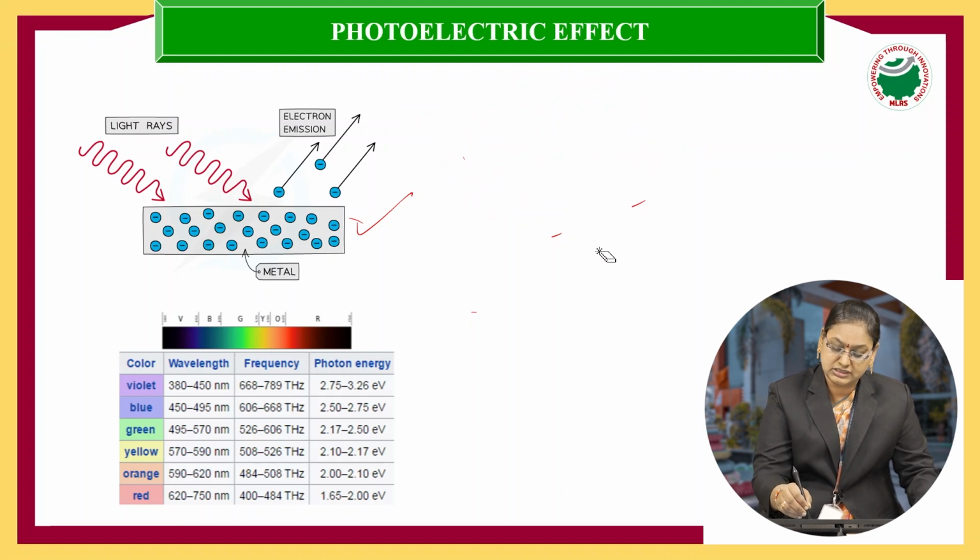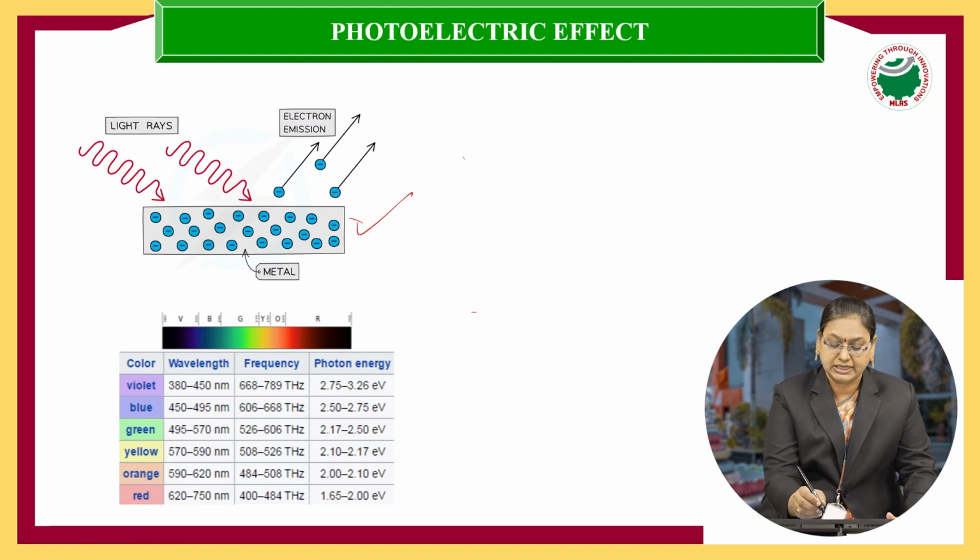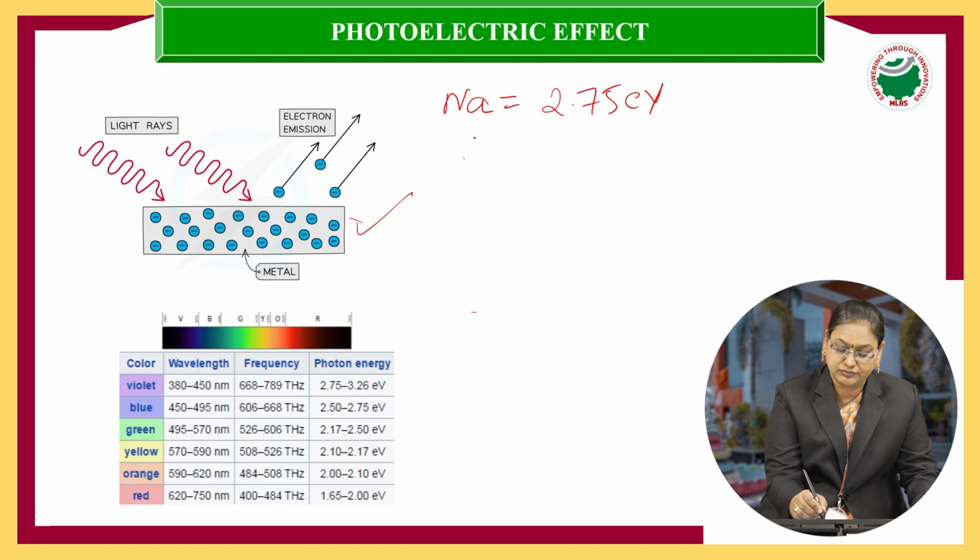Just now we said that threshold frequency is a function of the photometal. That means threshold frequency is not the same for all metals. For example, for sodium, the energy required by the electrons to come out of the metal is 2.75 electron volts. If you take potassium, the energy required is 2 electron volts.